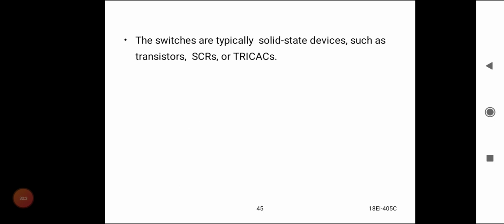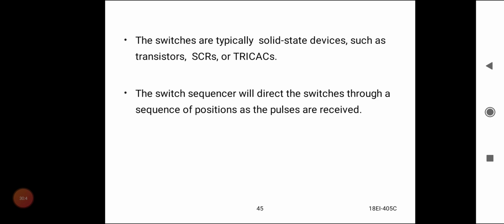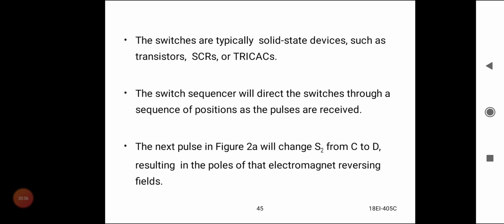The switches are typically solid-state devices such as transistors, SCRs, or triacs. The switch sequencer will direct the switches through a sequence of positions as the pulses are received.